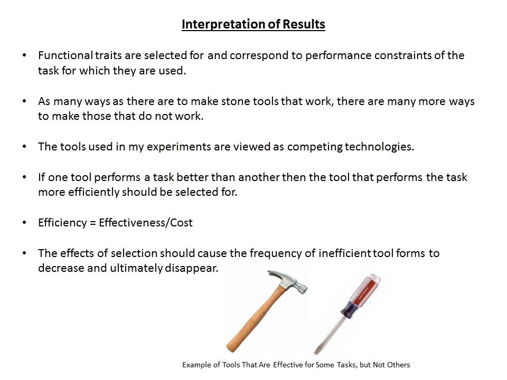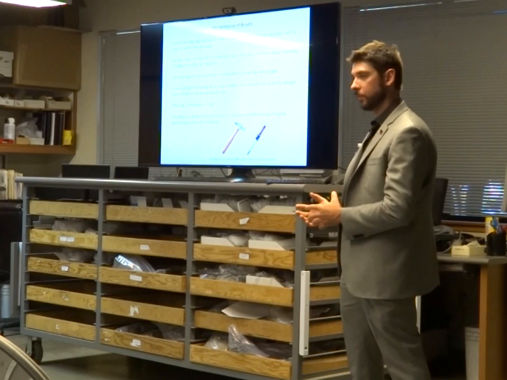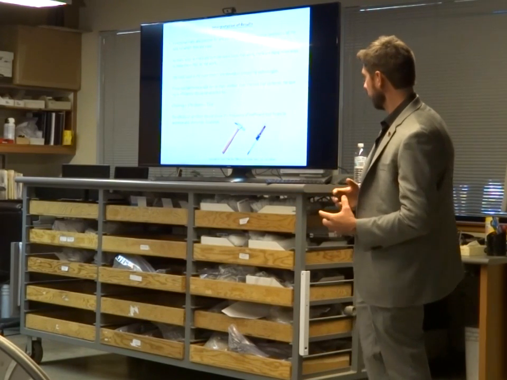So to interpret these results, remember I'm saying that functional traits are selected for, and they correspond to the performance constraints for the task at hand. And as many ways as there are to make some tools that work, there are many more ways to make those that do not work. So these are viewed as competing technologies, and if one tool performs a task better than another, the tool that performs the task more efficiently should be selected for.